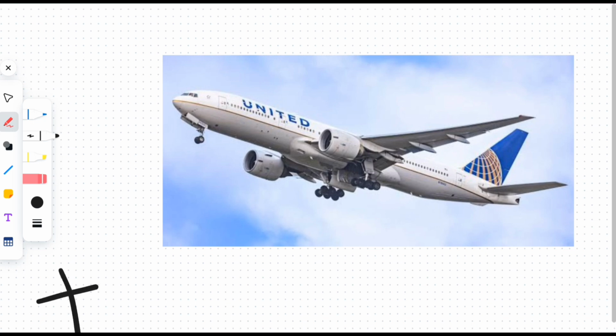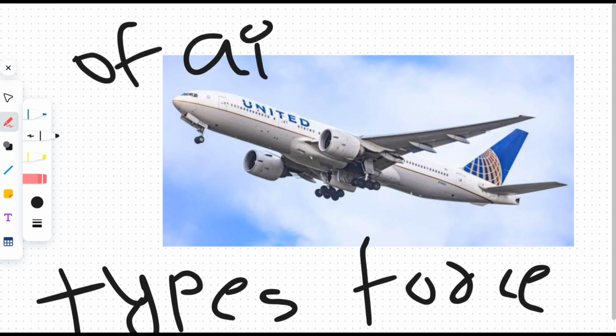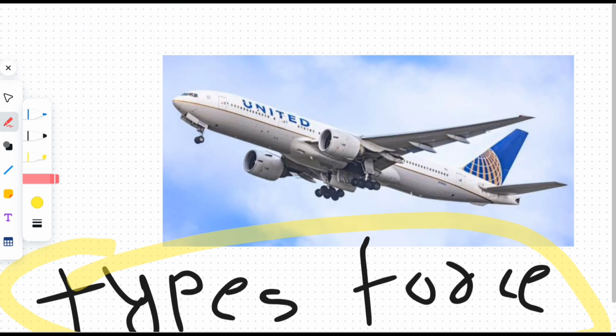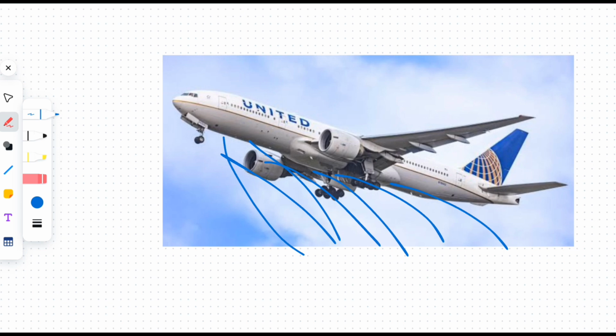Now, we will study the types of airs. What are the types of airs? Sorry, the types of force of airs. The forces I have told you about are gravitational force and centrifugal force. But now we will be learning about some new forces.